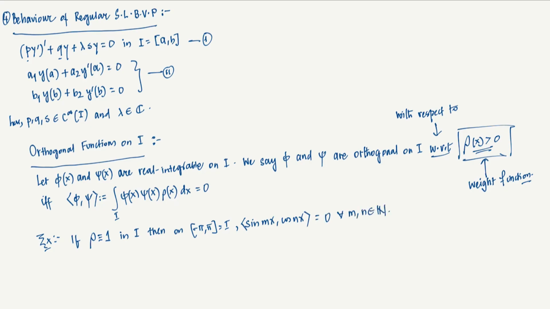Similarly, sine nx and sine mx, that is going to be 0 for m not equal to n. So these are examples, they are orthogonal to each other, provided the weight function rho is 1.